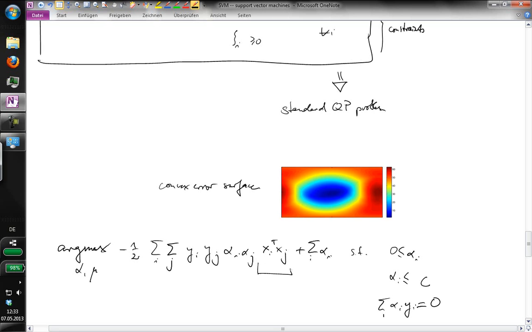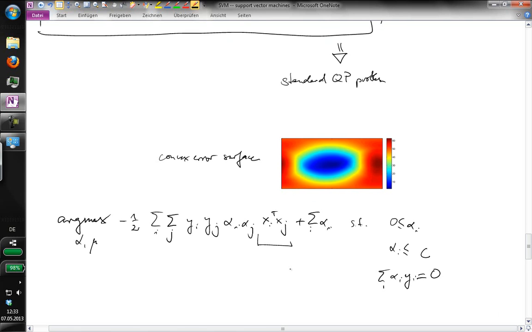And I mentioned in passing the kernel trick. Note that the feature of a single point here never appears alone. It only ever appears in an inner product with the feature of another observation. And this fact can be leveraged to replace this. So rather than simply use the inner product here between x_i and x_j, I can instead use some function.